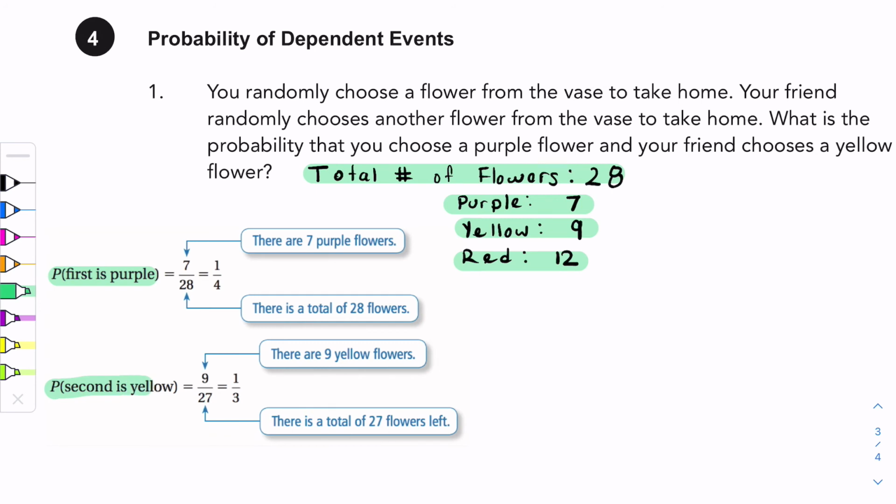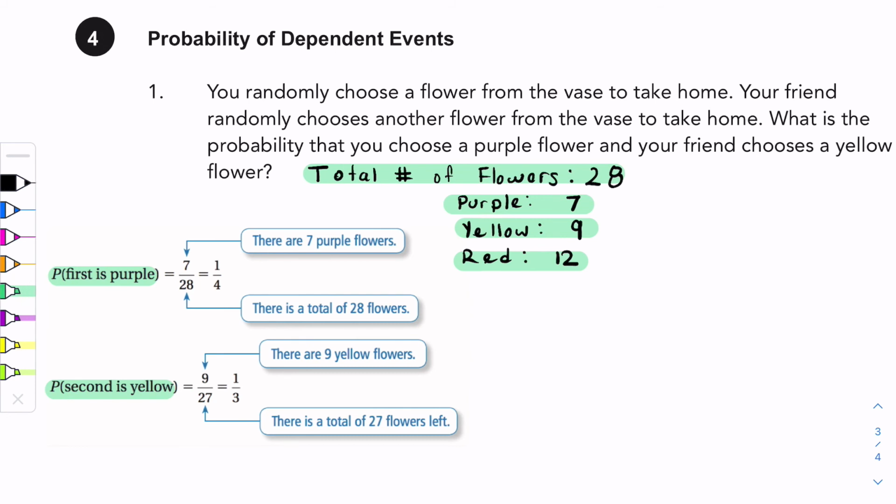So the probability of pulling a yellow flower is 9 out of 27. There are 9 yellow flowers total, and there are 27 flowers left after you pull the first flower. So once you have these ratios, you multiply them together to get your final answer.